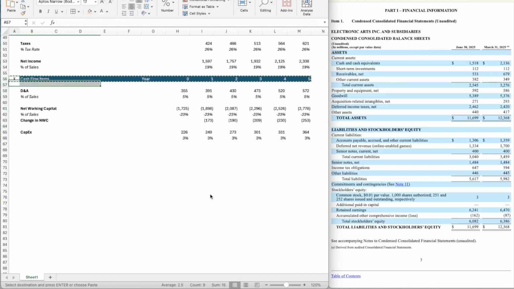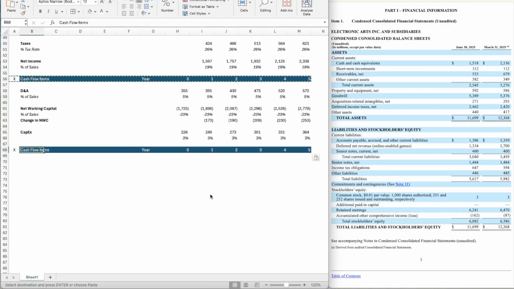Let's copy this. Come down. Leveraged free cash flow: net income, D&A, CapEx, change in net working capital, and this gives us the leveraged free cash flow.